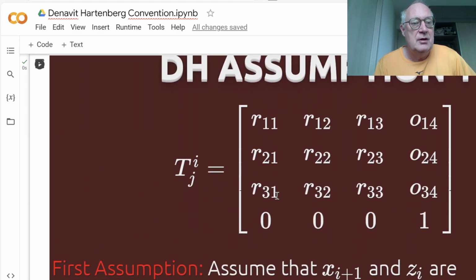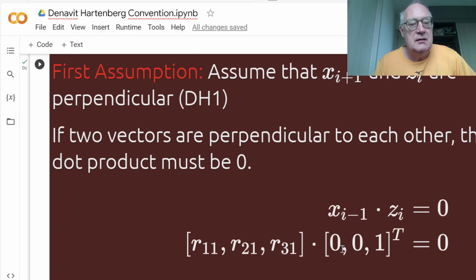That's our previous x-axis. And the z-axis here is 0, 0, 1. So if I multiply them together, this must be 0. Otherwise, the two vectors are not perpendicular to each other. The dot product must be 0.